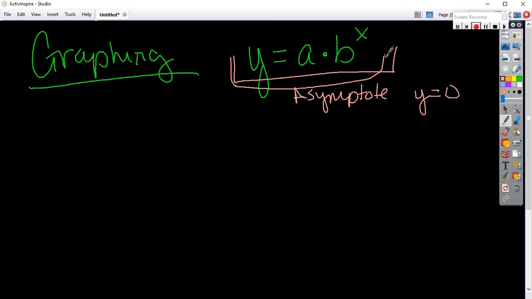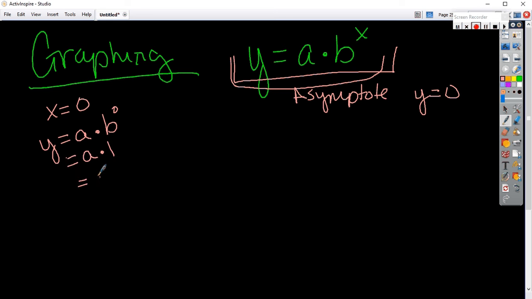Here's the other thing. What happens if you plug in 0 for x in this? You get 1 for this, but then you have to multiply by a. If x is 0, then y equals a times b to the 0. Anything to the 0 power is what? 1.